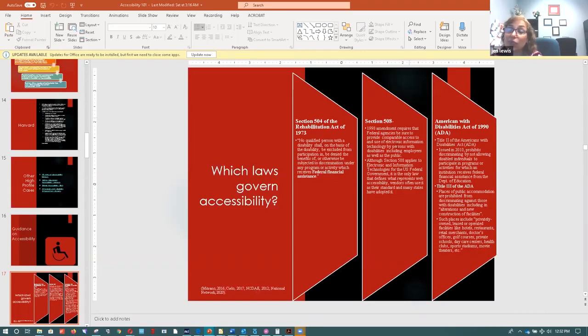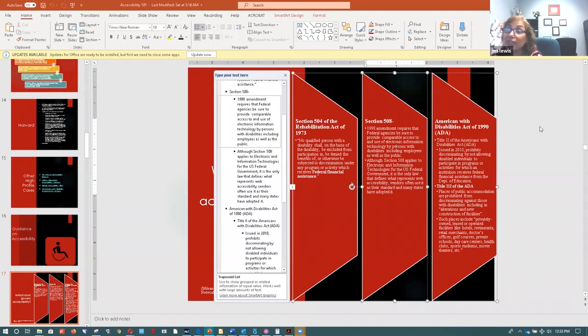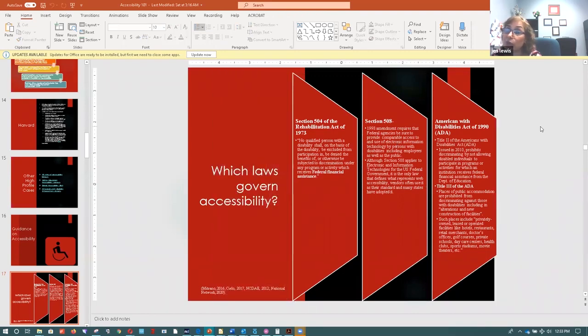Section 508 is the one that you'll often see quoted. That is the one that's still under 2.0 AA. It really is for electronic information technologies for the U.S. federal government, but schools and higher education institutions have adopted 508, so you'll often see that referenced.